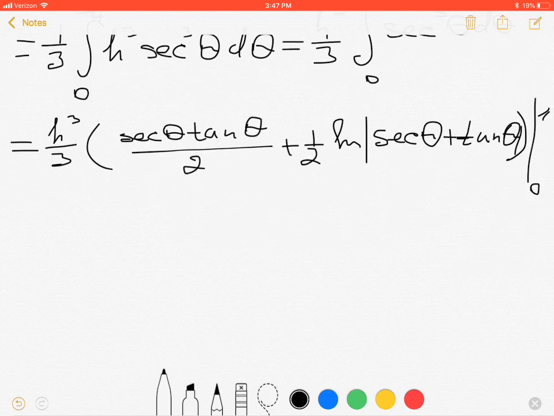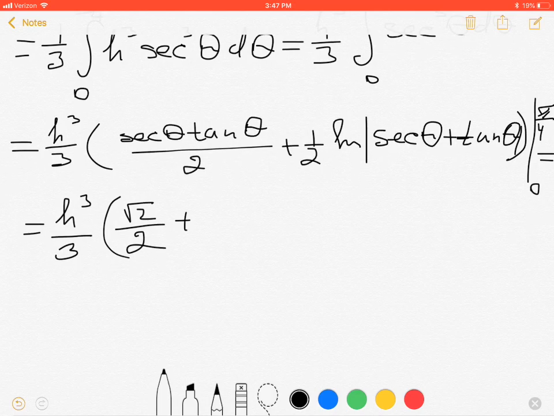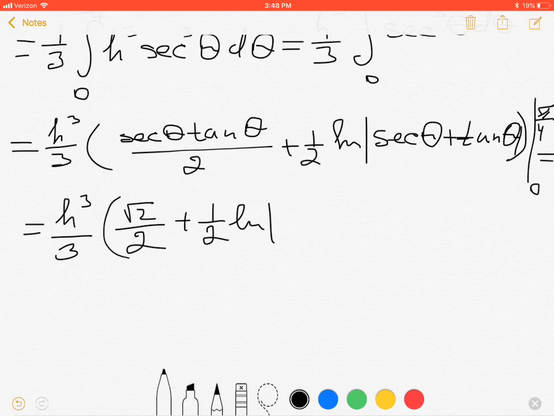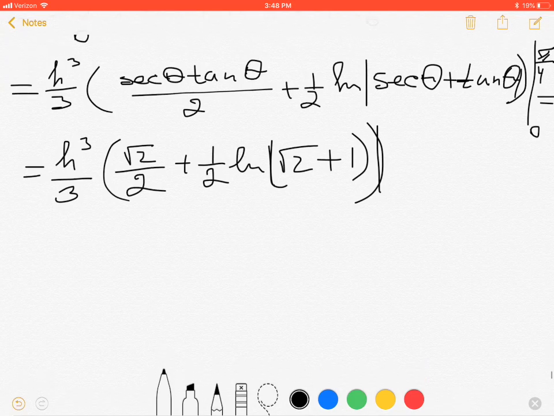And we need to plug in 0 to pi over 4. It will be h cubed over 3. And remember, secant pi over 4 is square root of 2. This means here we have square root of 2 over 2, because tangent is 1, plus 1/2 ln of square root of 2 plus 1. This is our final answer.